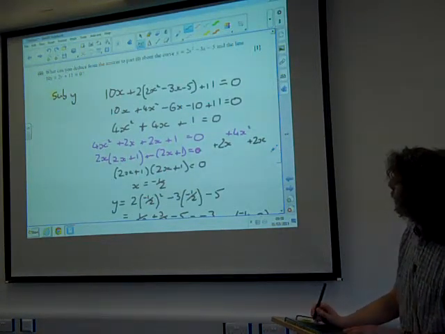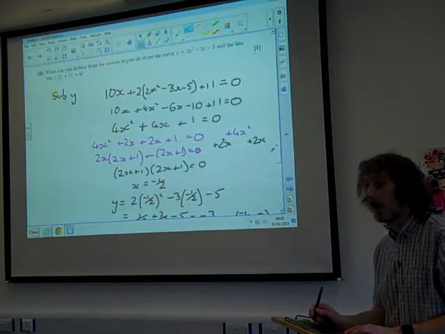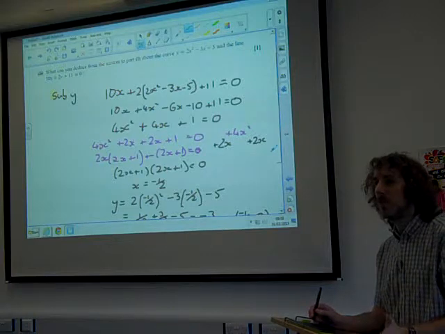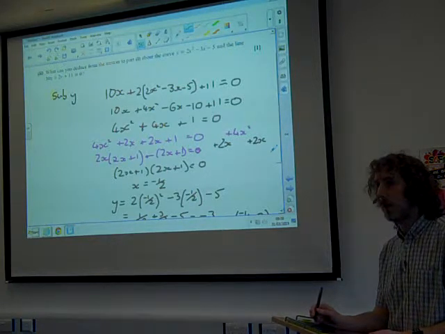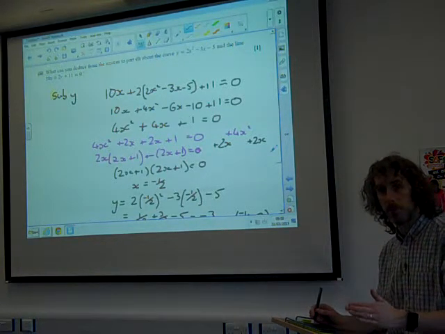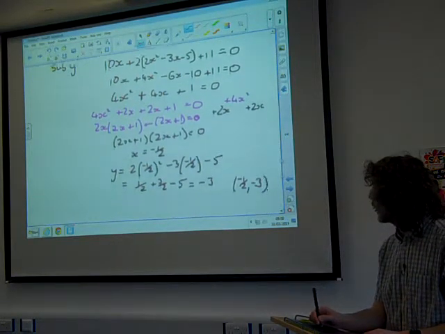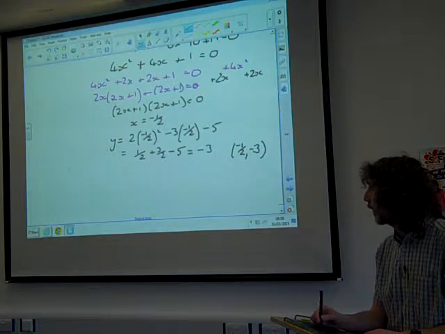What can you deduce from the answer to part 1 about the curve and the line? Only one mark. We only got one intersection, didn't we? We only got one solution to our simultaneous equations, which means that the line must have been a tangent to the curve.